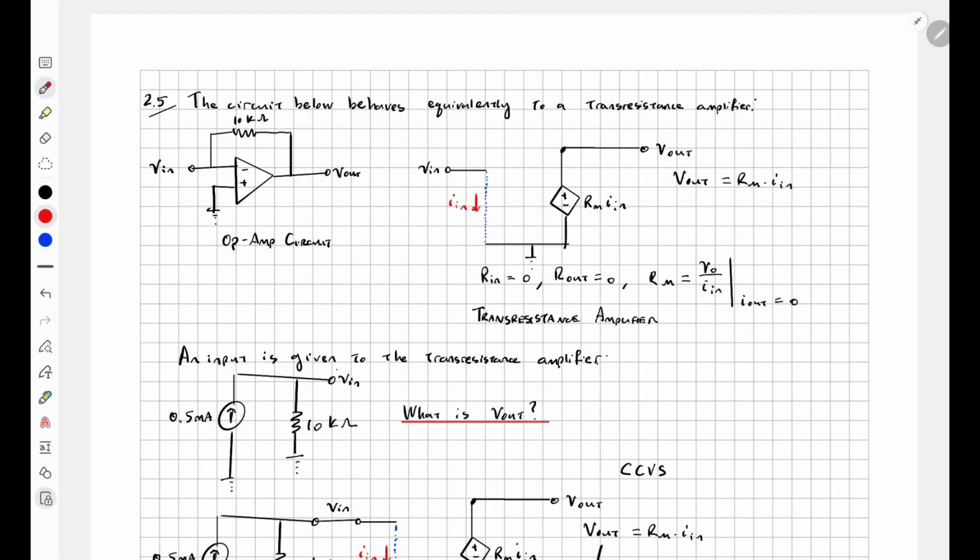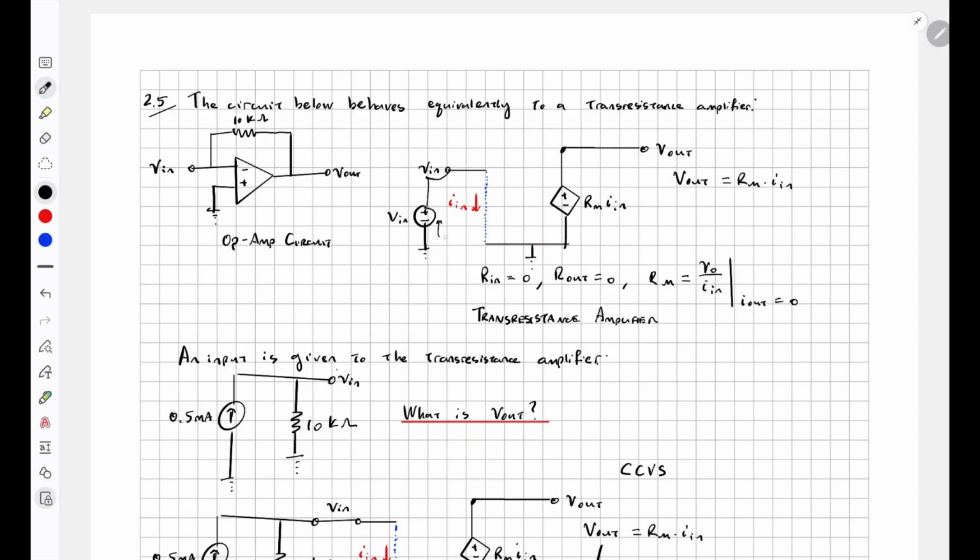Let's talk about the first mechanism. What is the translation from Vin to In? If I apply a test signal here, call it Vin, and attach it there, I will measure Vin.